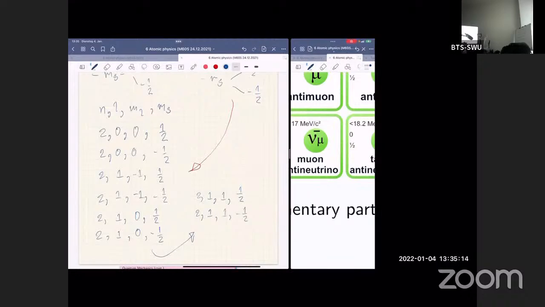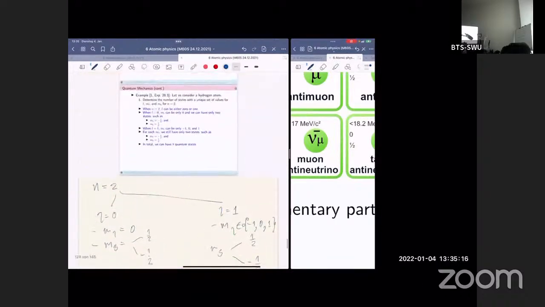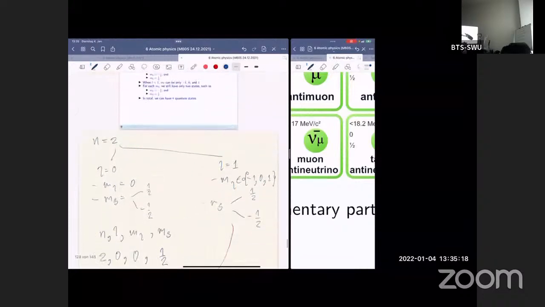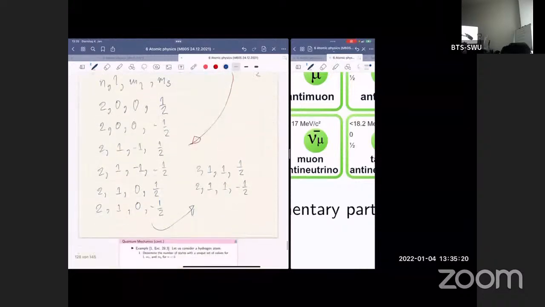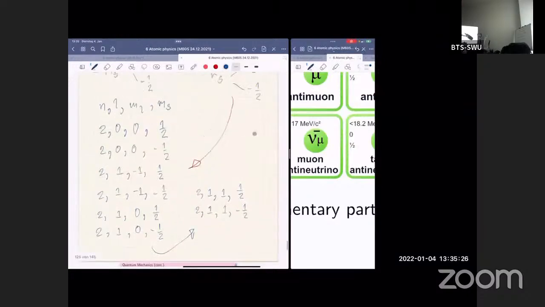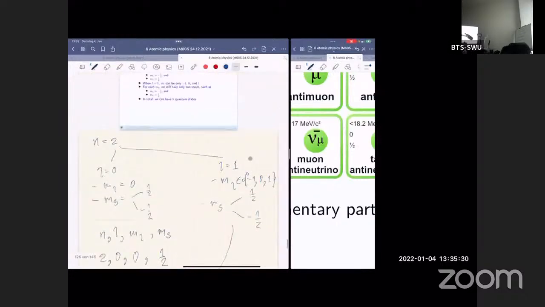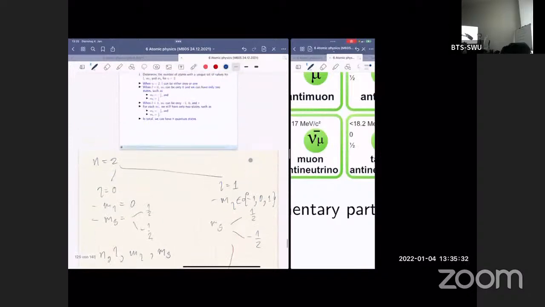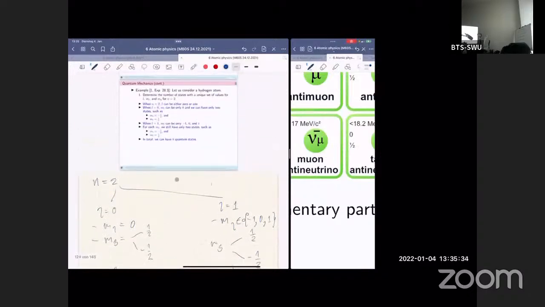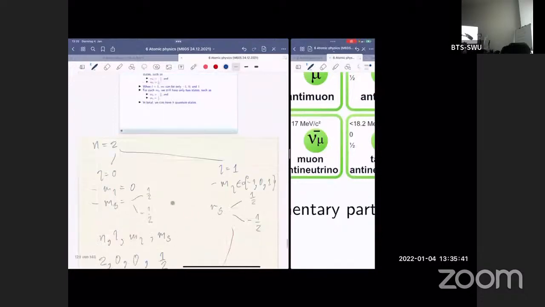That's all of the possibilities for the quantum number configuration, right? You could have 1, 2, 3, 4, 5, 6, 7, 8 cases of possible values of quantum numbers. So in total we can have 8 quantum states like this.